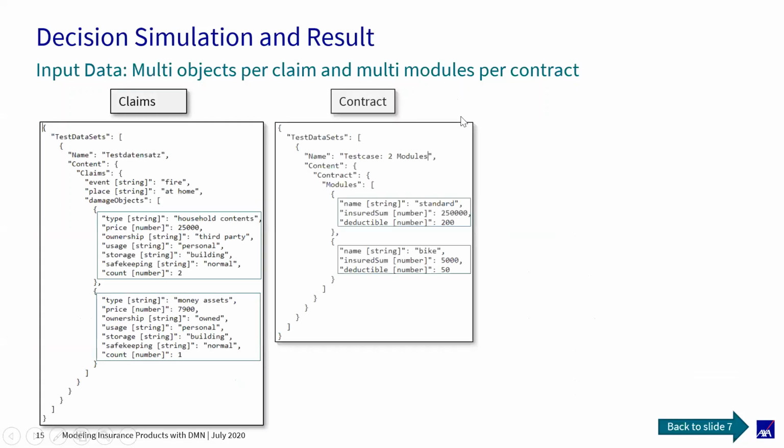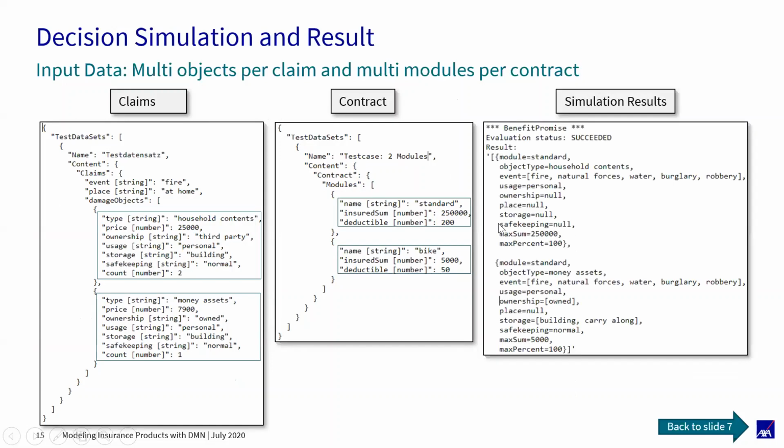So now we have the same claim and contract data as in the previous simulation for the decision table, and the result now is different. Unlike a decision table, we now get the whole row of the relation and not only the output columns.